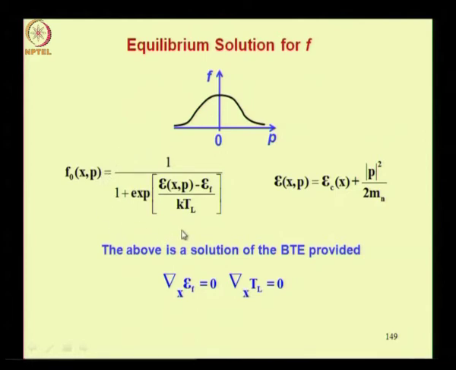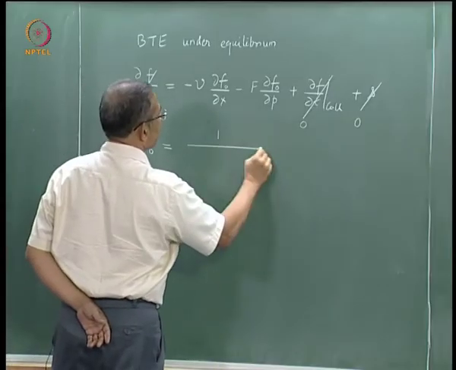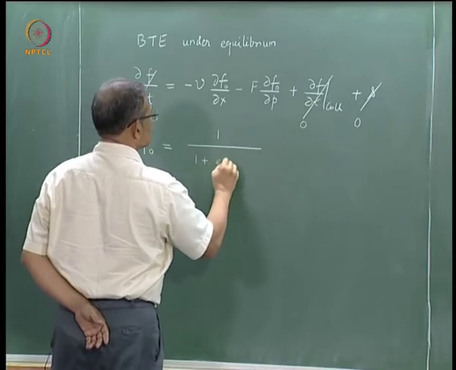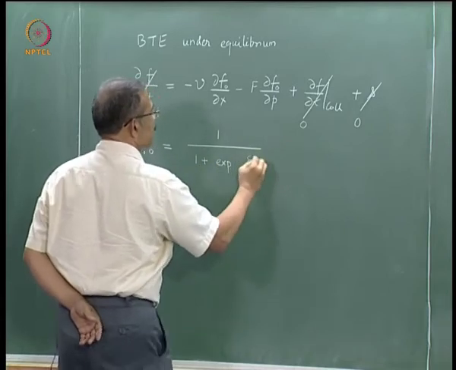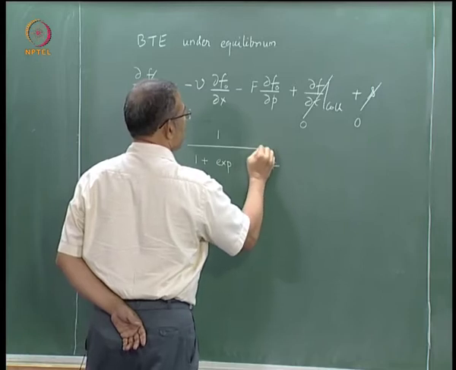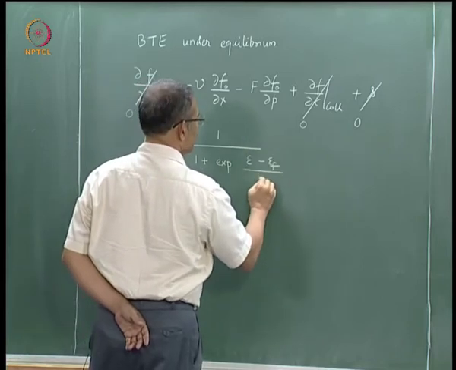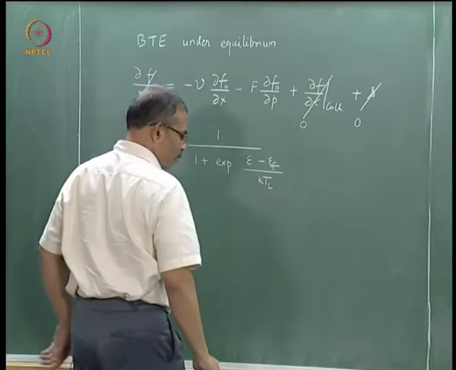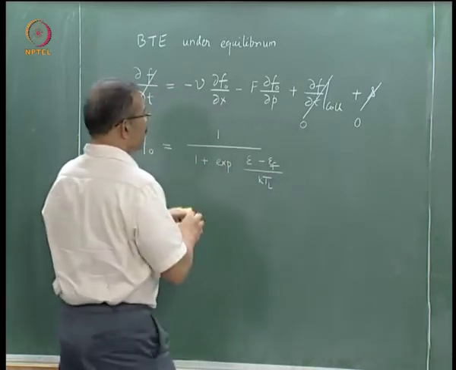The form we are trying out is, under equilibrium, this is f naught, and the form we are trying out is f naught equal to 1 by 1 plus exponential of E minus EF by KTL, where this E is the total energy.